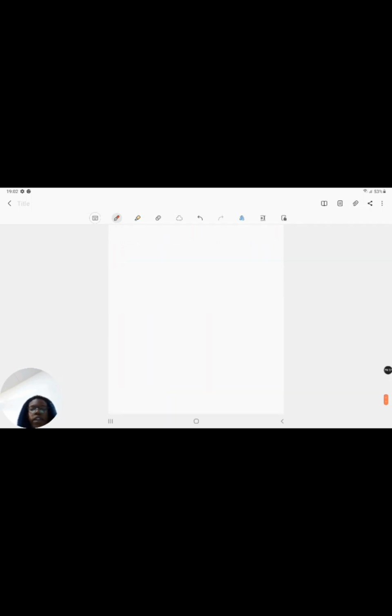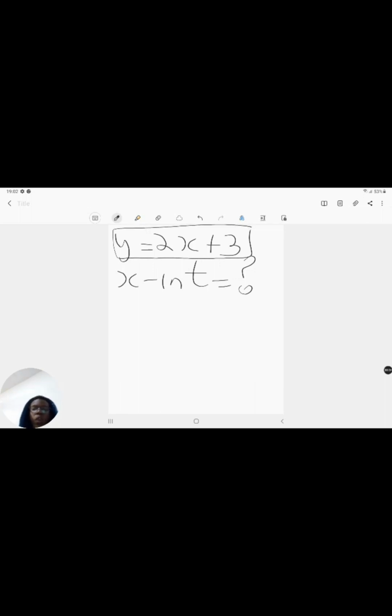Okay, now, if you have an equation, y is equal to 2x plus 3, right? And I ask you, what is the x-intercept? Well, you would tell me that I know that the x-intercept is the value of x where y is equal to 0. So all you have to do is take that equation, and wherever you see a y, put in a 0.